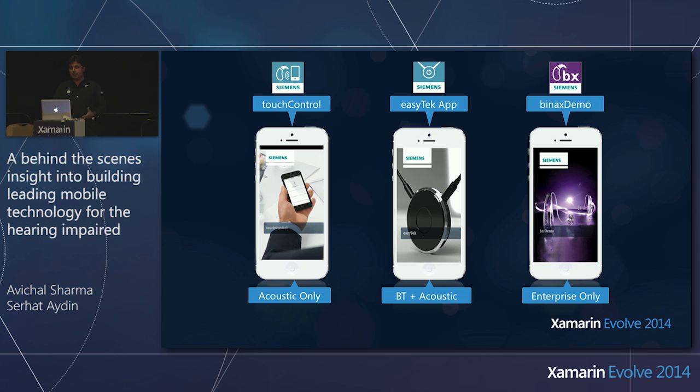If you don't want to buy that device, that app is of no use for you because you must have that device. The third app is called Binex Demo. It's an enterprise-only app. It is not made for the consumers all over the world. This app is basically the marketing app for the hearing professionals, so they could show off the marketing features to the patients.